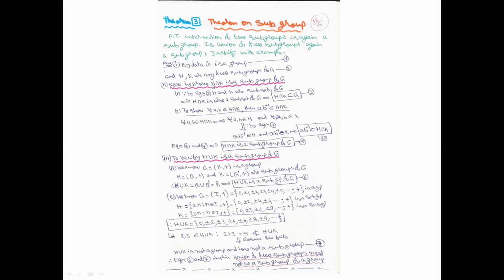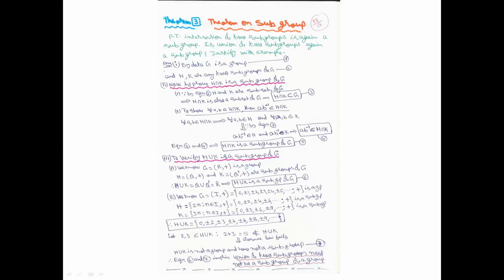Now, to prove H intersection K is a subgroup of G. Sub-step, first step: since by equation 2, H and K are subgroups, that means H and K are subsets of G. See the cursor.